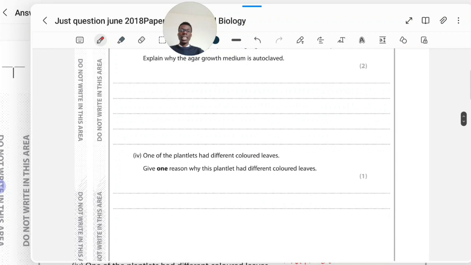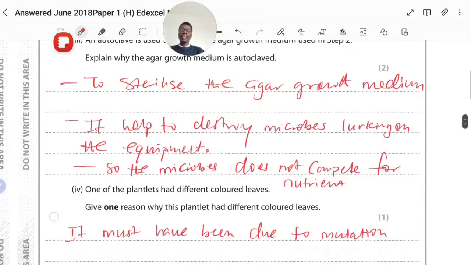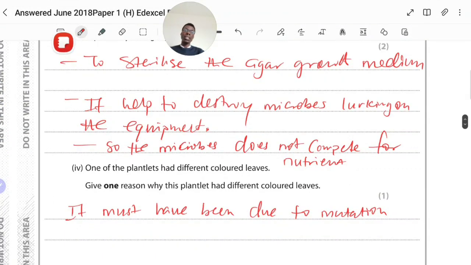Next question says, one of the plantlets had different colored leaves. Give one reason why this plant had different colored leaves, even though they were taken from the same plant. Why would one be different? Well, since they were taken from the same plant, what's your guess? It must have been due to what? Mutation, because mutation means a rearrangement in the genetic material of an organism, which could be due to various factors.